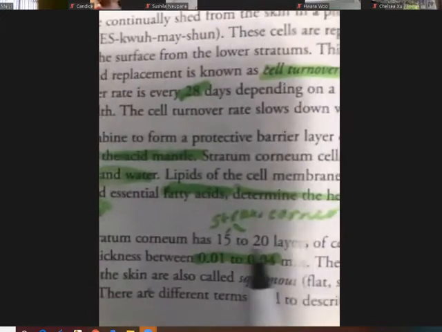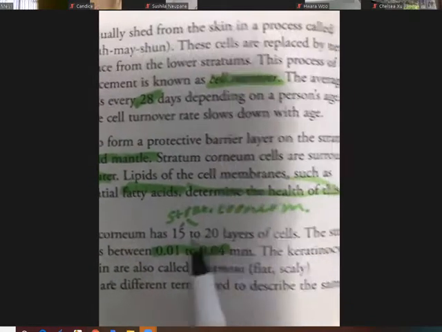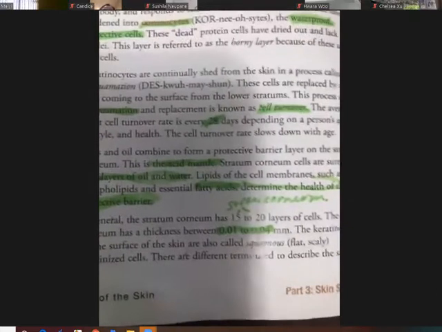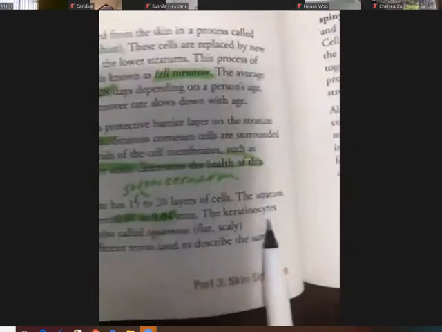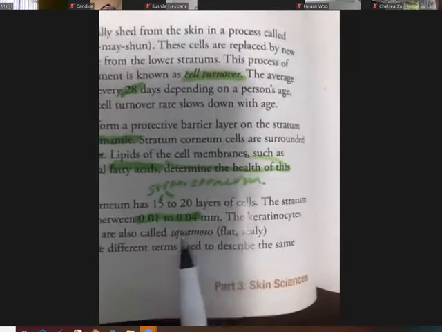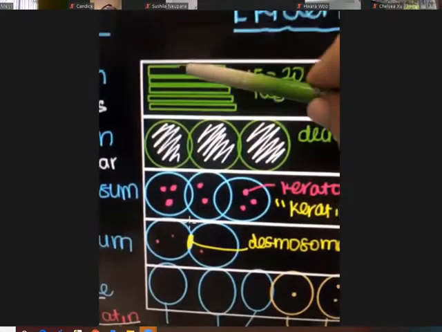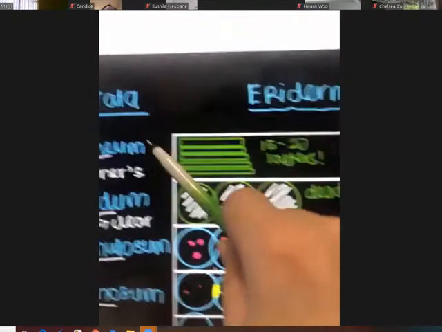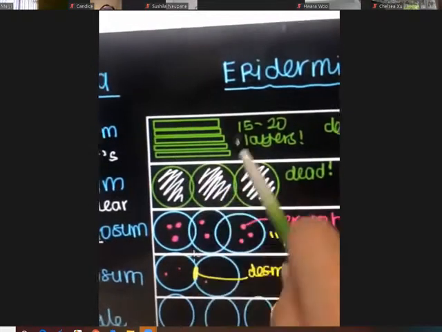Now, the stratum corneum has 15 to 20 layers of dead cells. Okay, so the keratinocytes on the surface of your skin are called squamous cells. So these cells here on top are called squamous cells. 你的表皮层第一层的这个死的细胞叫做 corneocytes， 也叫做 squamous cells.